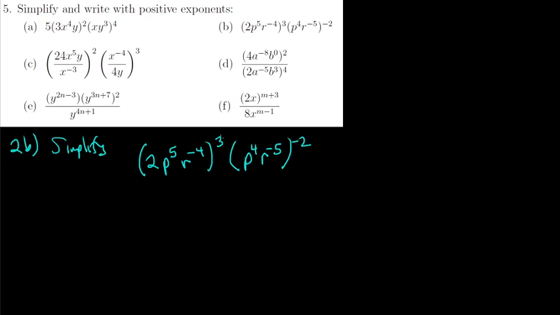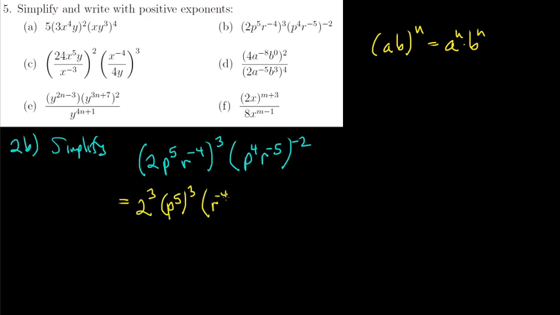So where do we start? First of all, right, we know that when we're multiplying two things and then raising to a power, you can just multiply, right, the two things to that power. So what gets a power of 3 here? Everything inside the parentheses, including the 2, including the p to the 5, and including the r to the negative 4.